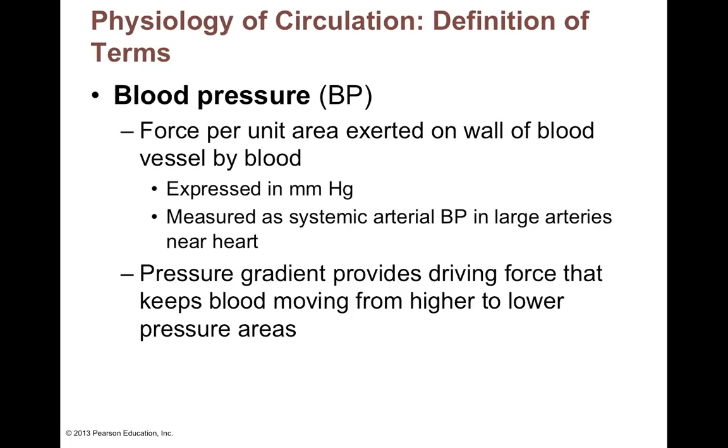As it tries to expand outward, it's forcing on the vessel walls, causing those vessel walls to get stretched a little bit, right? So blood pressure, as we measure it, is the force that blood exerts on the blood vessels due to its compression, okay? And that's if you're measuring it externally, like with a blood pressure cuff, you're measuring how much force it takes to push that blood vessel open, okay?